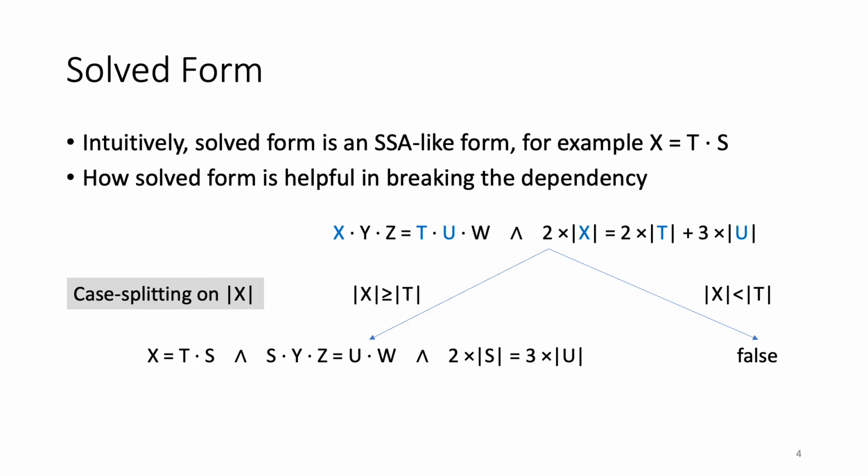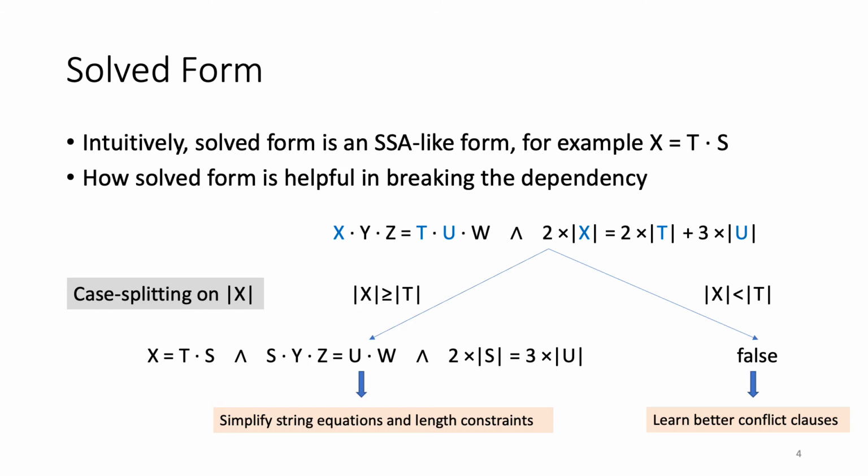Specifically, in the right branch, we have a conflict between 2x is equal to 2t plus 3u and the length of x is less than the length of t.